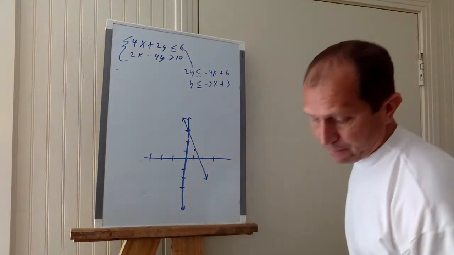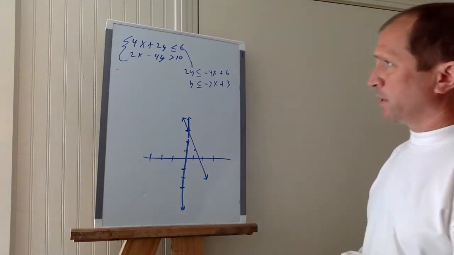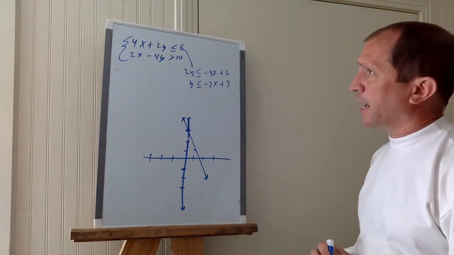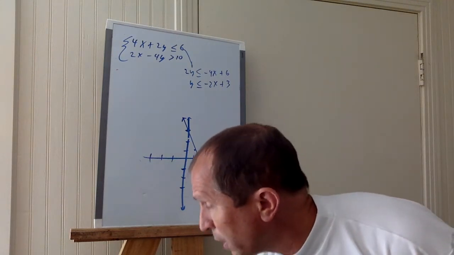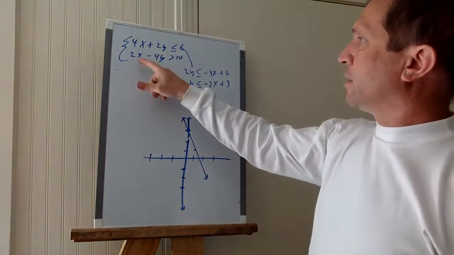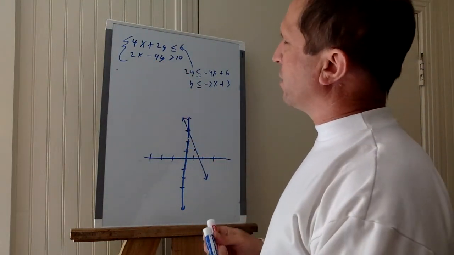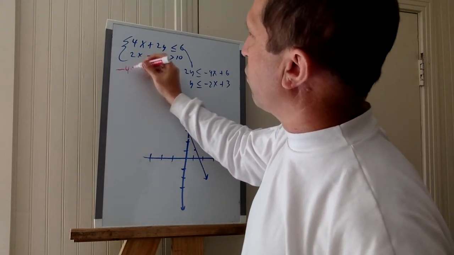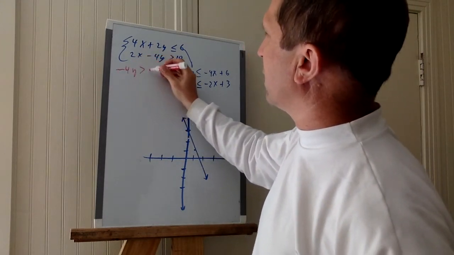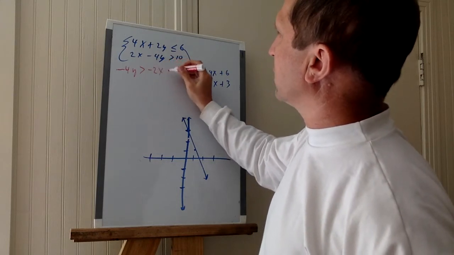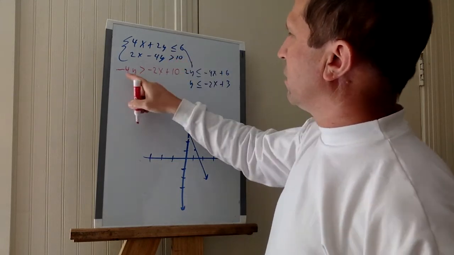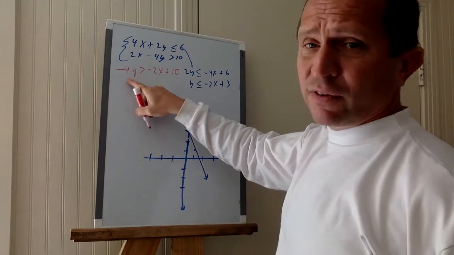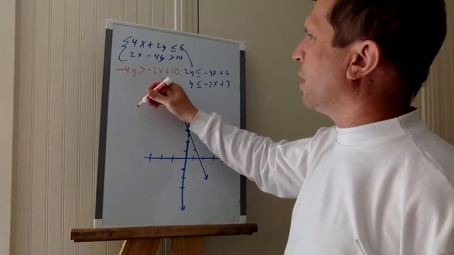All right, now, the next inequality I'm going to look at is 2x minus 4y is greater than 10. So this becomes negative 4y is greater than negative 2x plus 10. Divide both sides by negative 4. Of course, if you divide by a negative, you've got to switch the inequality around.